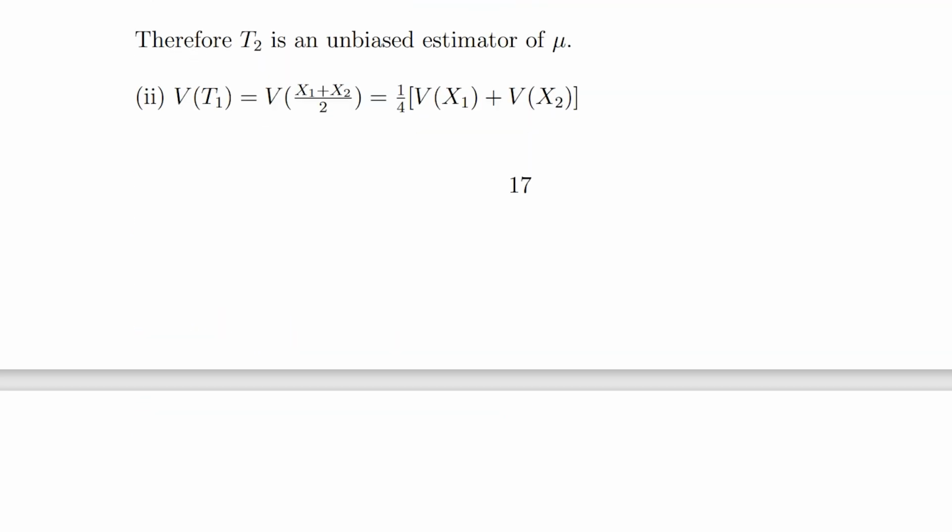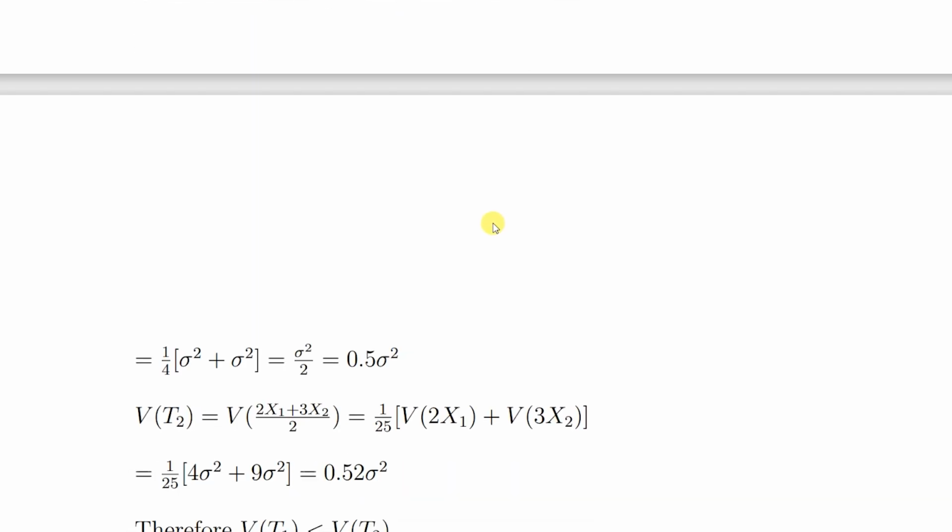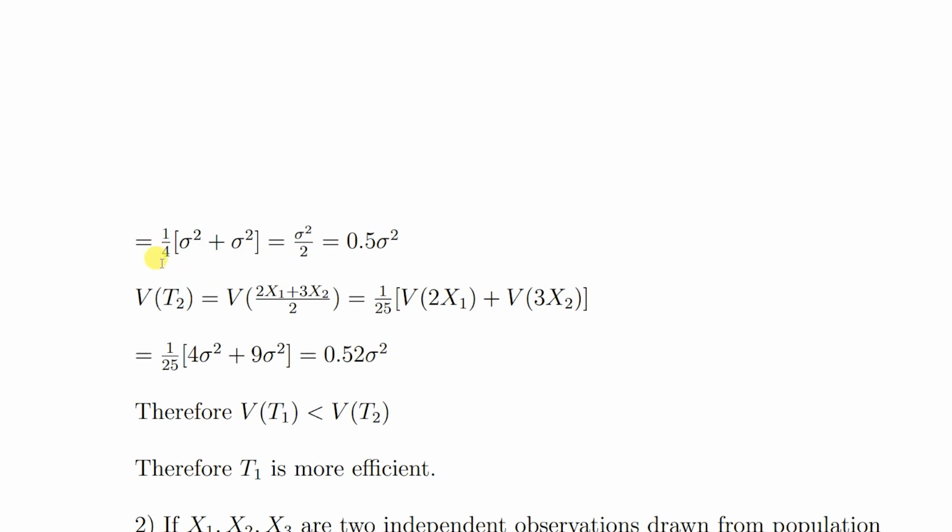Next, consider the variance of T1, which is equal to the variance of (x1 + x2)/2, that is 1/4 into the variance of (x1 + x2). Any constant comes out of the variance by taking its square. So, 1/4 into (variance of x1 plus variance of x2) is equal to 1/4 into 2 sigma square, which is equal to 0.5 sigma square.